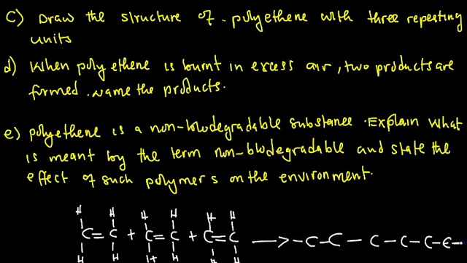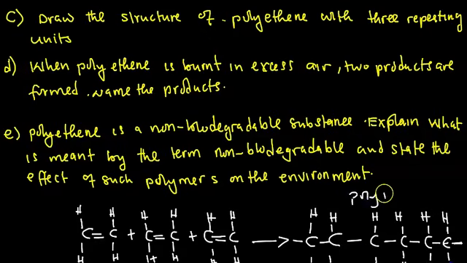Outside there is this opening for more attachment. You put the hydrogens like this: hydrogen, hydrogen, hydrogen, hydrogen, hydrogen, hydrogen, and of course this one like that. So this is the polyethylene.